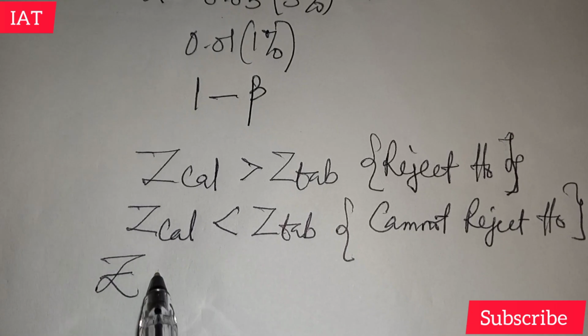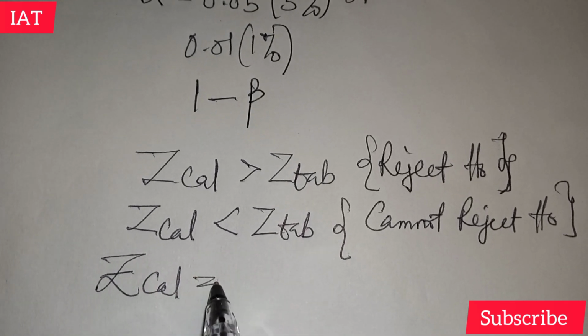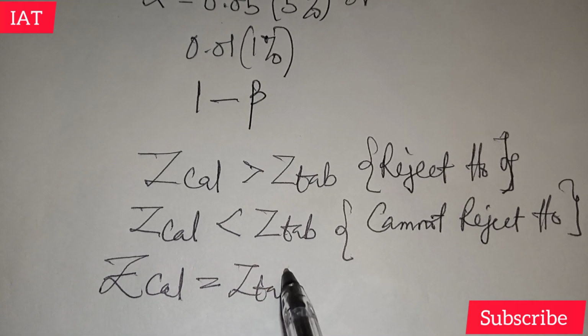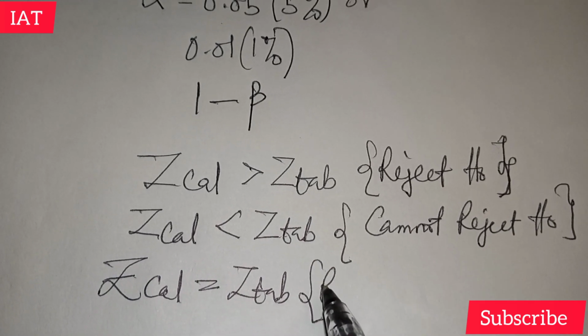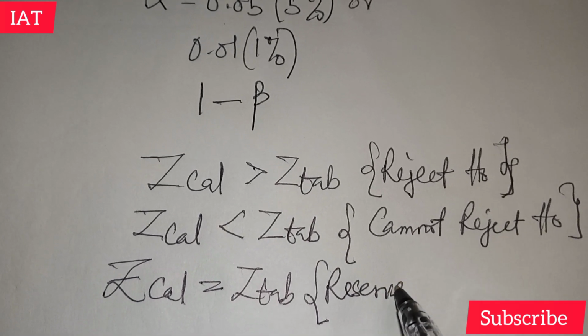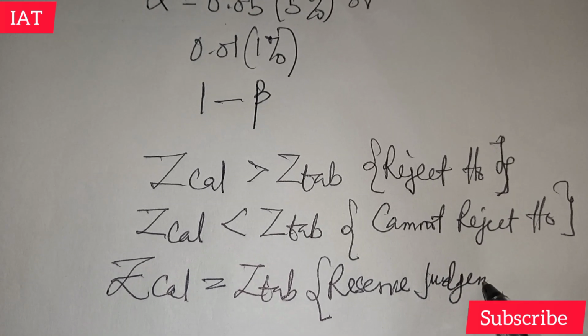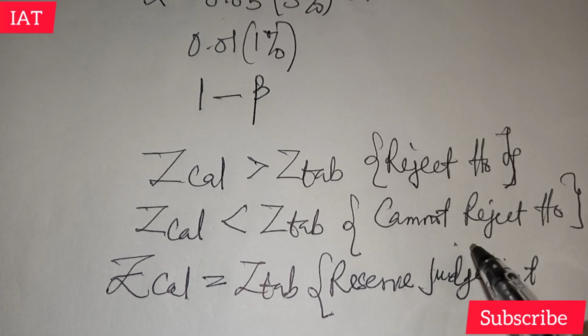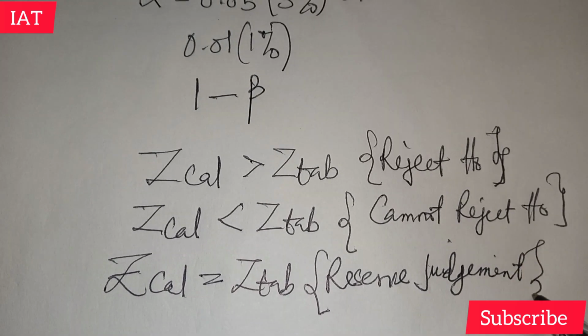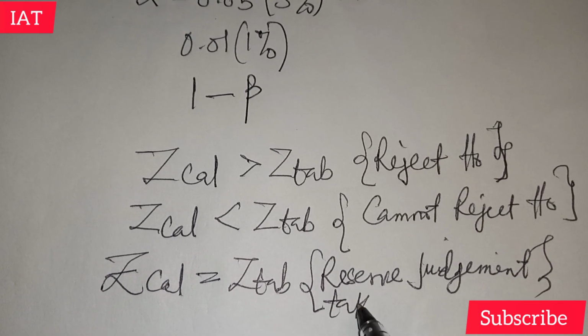And finally, when the calculated value is equal to the tabulated value, we reserve judgment, or what we need to do at this point is to take more samples.